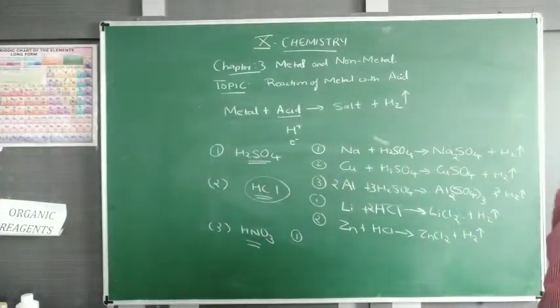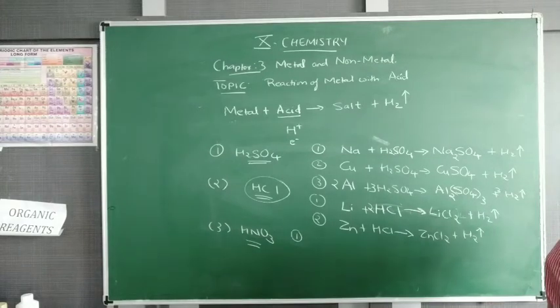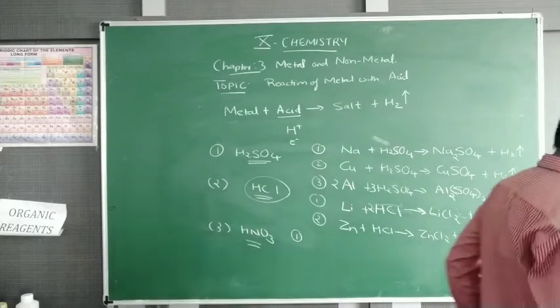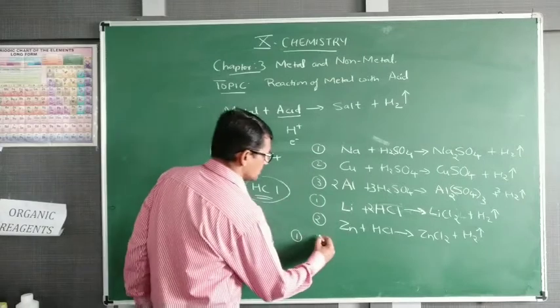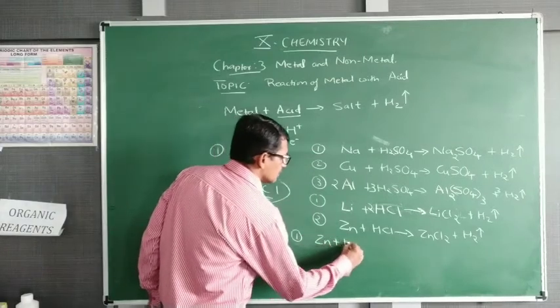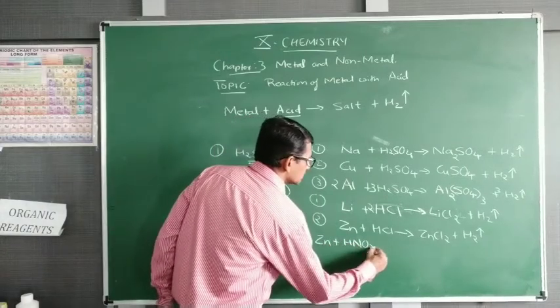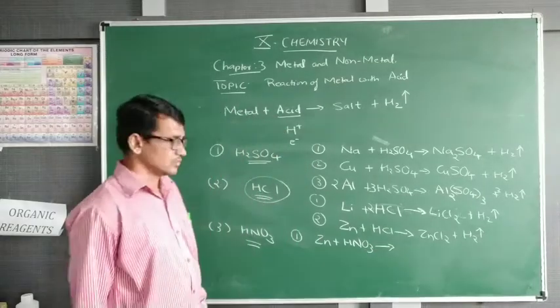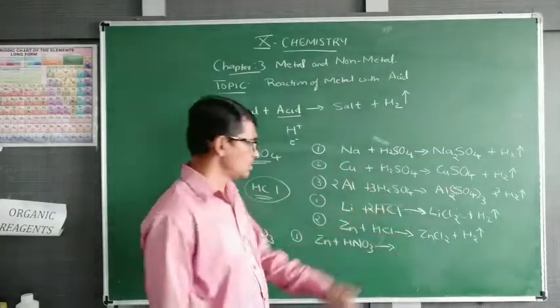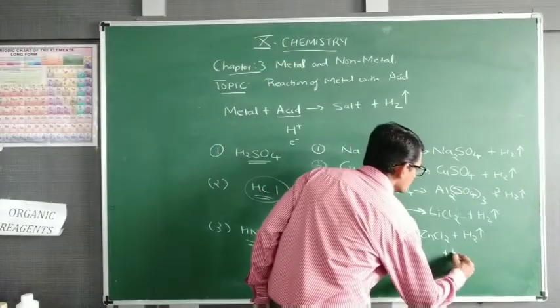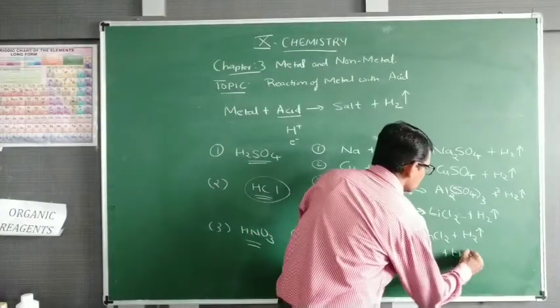So here we discuss nitric acid. Remember this: suppose we take zinc metal reacting with nitric acid, HNO3. Hydrogen gas is produced, but that hydrogen gas will again oxidize and be converted into H2O. So water will form. Remember this.